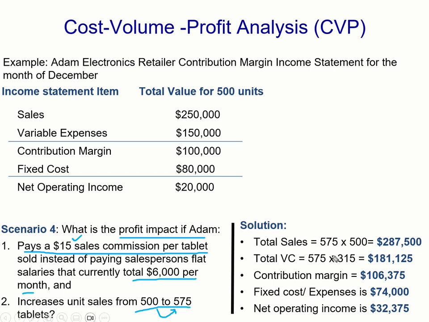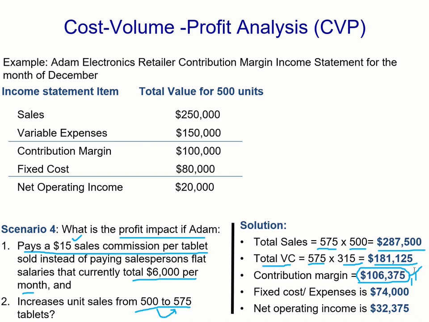Sales would increase to 287,500, which is 575 units times 500 per unit. Variable expenses will increase to 181,125. Now, we see that the new contribution margin is 106,375, which is 6,375 more than the current contribution margin.